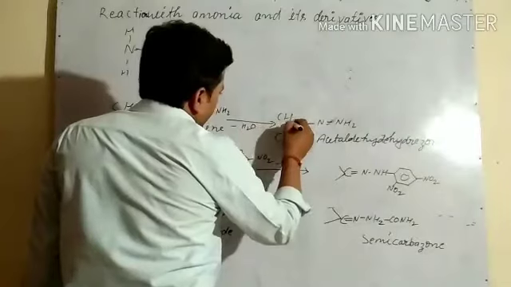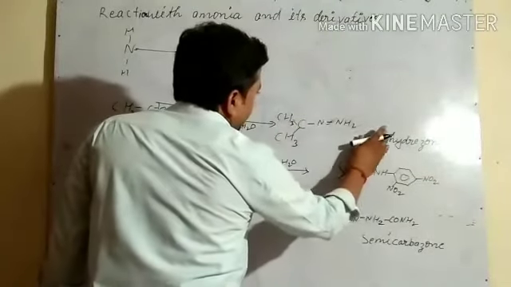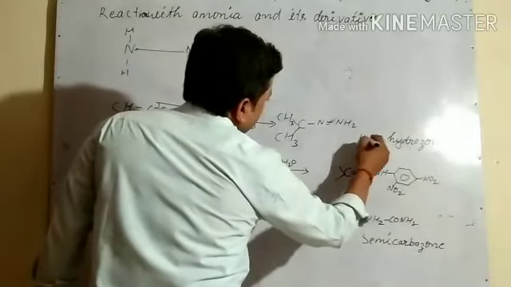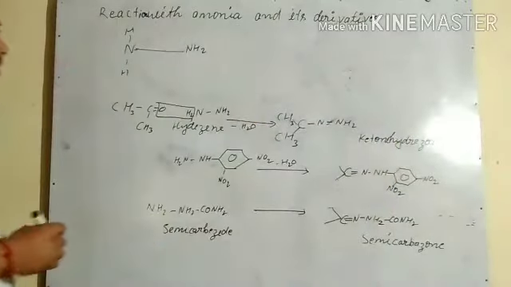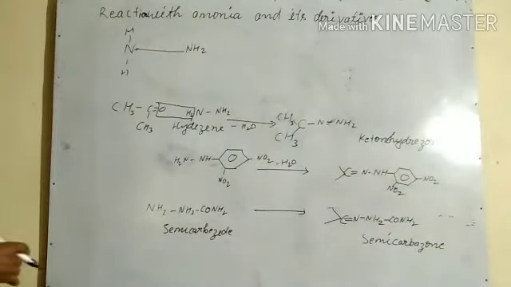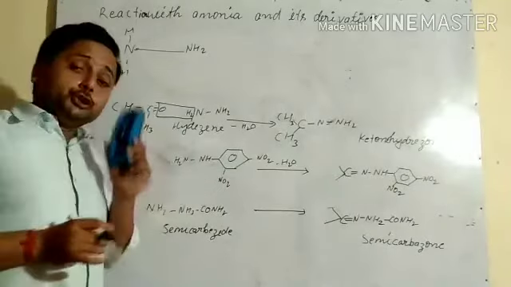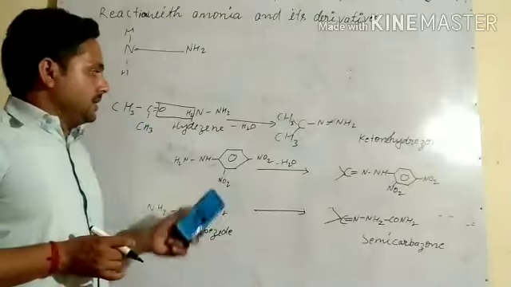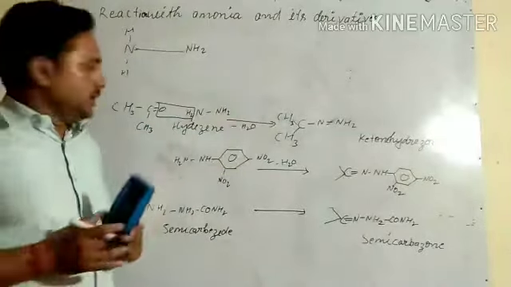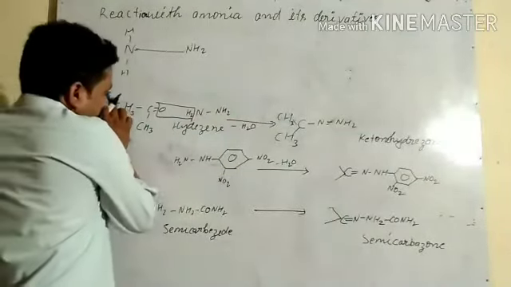This is the product, and it will be ketone hydrazone. So remember, when hydrazine reacts with aldehyde, ketone or formaldehyde, it gives aldehyde or ketone hydrazone. Okay. So we can write.